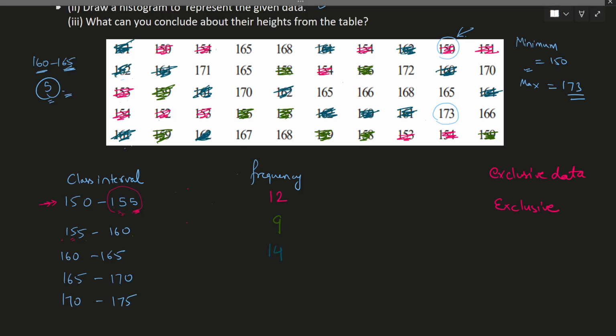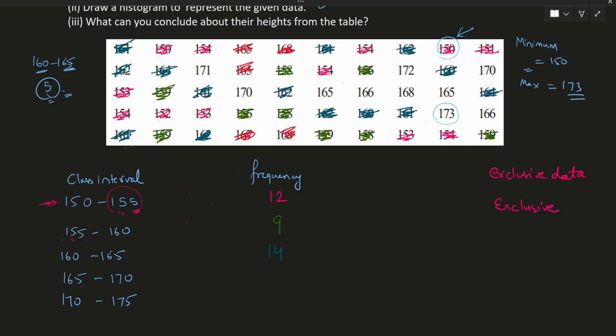Let's change to another color. I'll take this red one now for 165 to 170. It will have the numbers 165, 166, 167, 168 and 169. First 165 is here, 167 will come over here, 168 will be there.